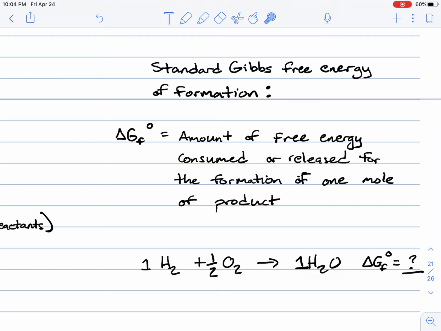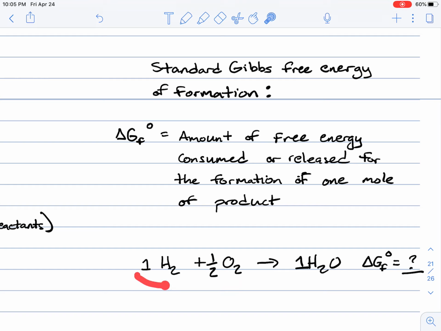And the only way for you to do so is to create it from its elemental state, kind of like Lego bricks, right? If you wanted to build a castle, then you need to put all of the little elemental pieces of the Lego bricks together to form that castle.